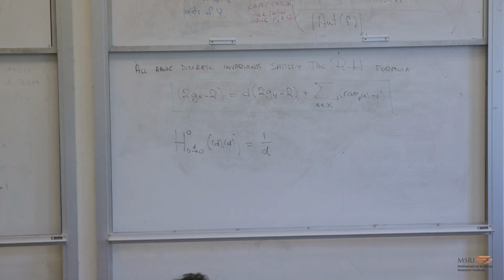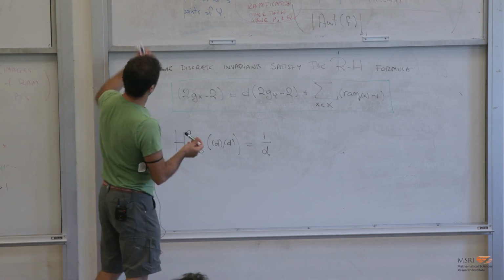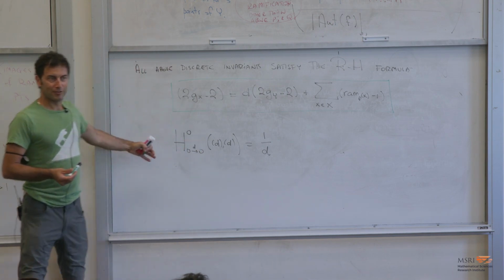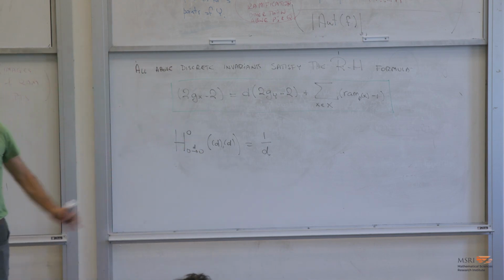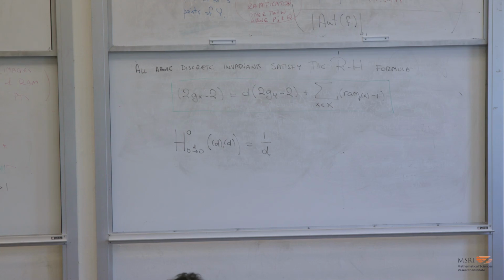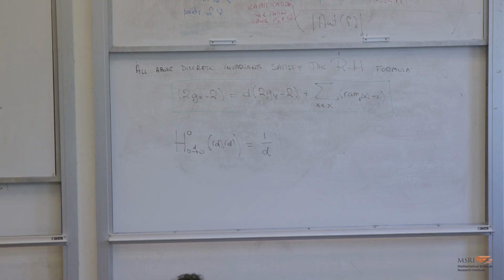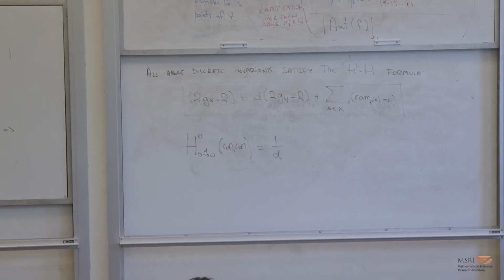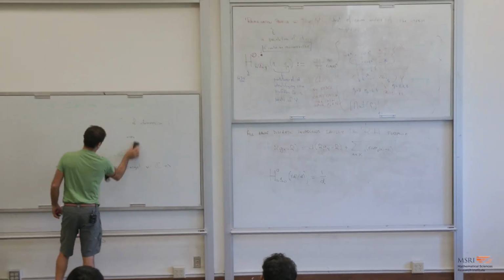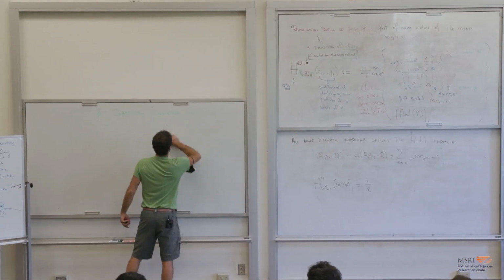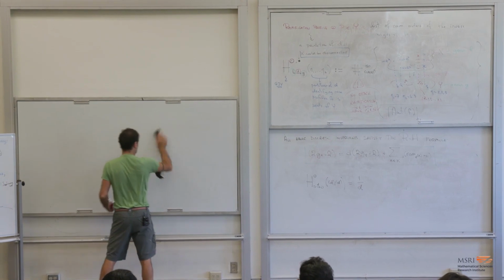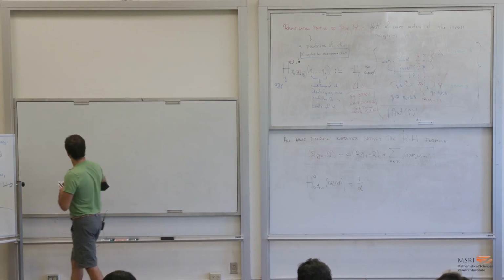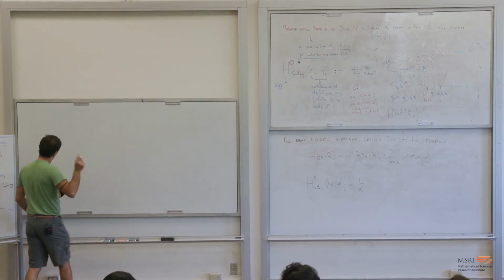Good. Cool. Great. So now that I've told you a beautiful definition, and this definition is completely hopeless to do anything with, let's try to find some way around it. We're going to introduce what's called, oh, sorry, let me say one more thing.